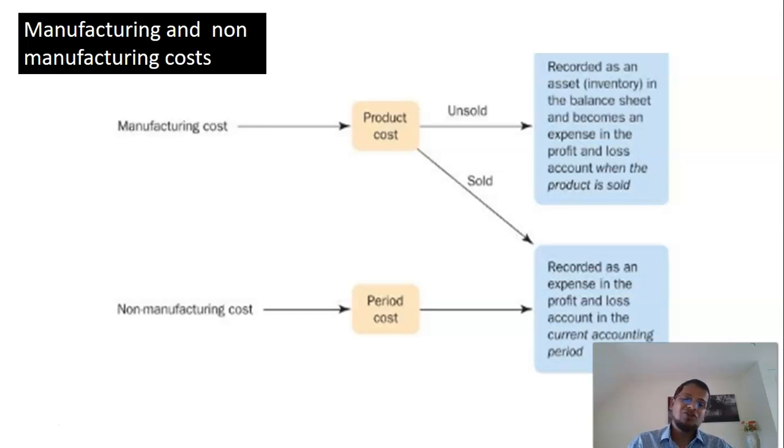So the product cost can be divided into two again for preparation of the financial statement. Basically, when we need to calculate the profits from the products that we sold and the products that we didn't sell yet. So if there is any cost that is not sold, it is recognized as inventory.